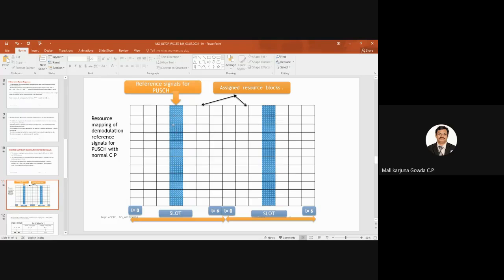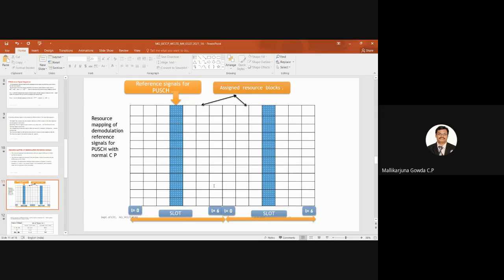This is one slot, from l equal to 0 to l equal to 6, meaning 7 OFDM symbols. In that, the fourth OFDM symbol is used for allocation of the reference signal for the PUSCH.